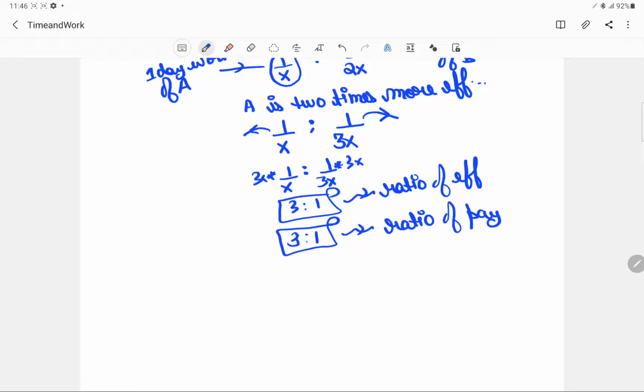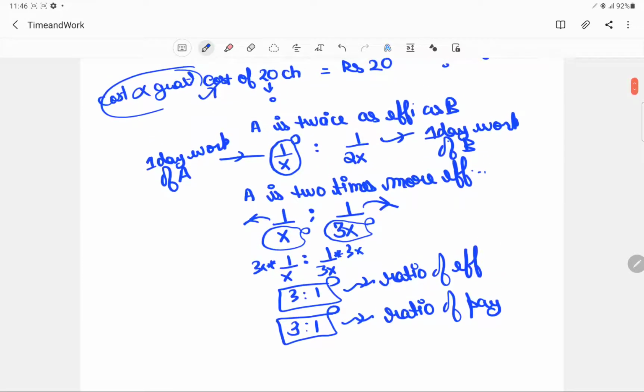If efficiency is given, just try to analyze what it could be. You can also analyze it like this: if he is doing it in 3x days, obviously he'll be doing it in 3 times less, so that is x days.